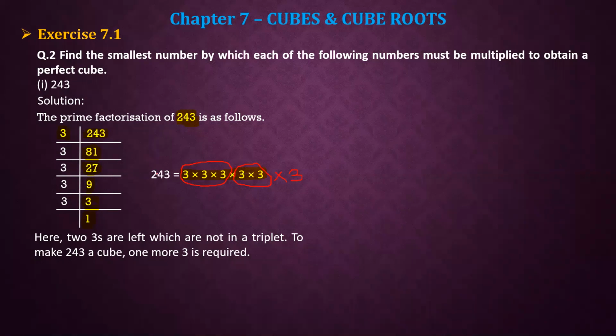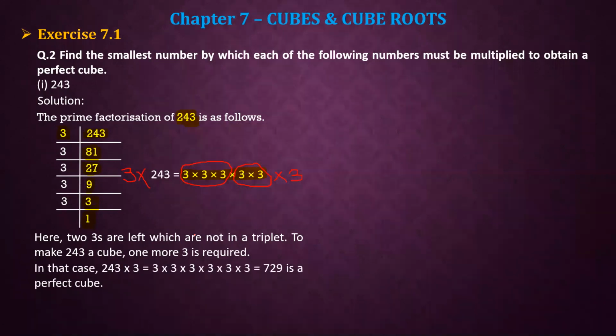In the same way we multiply the LHS by 3 also, because the same operation should be performed on both sides. After multiplying by 3, we get 243 into 3.